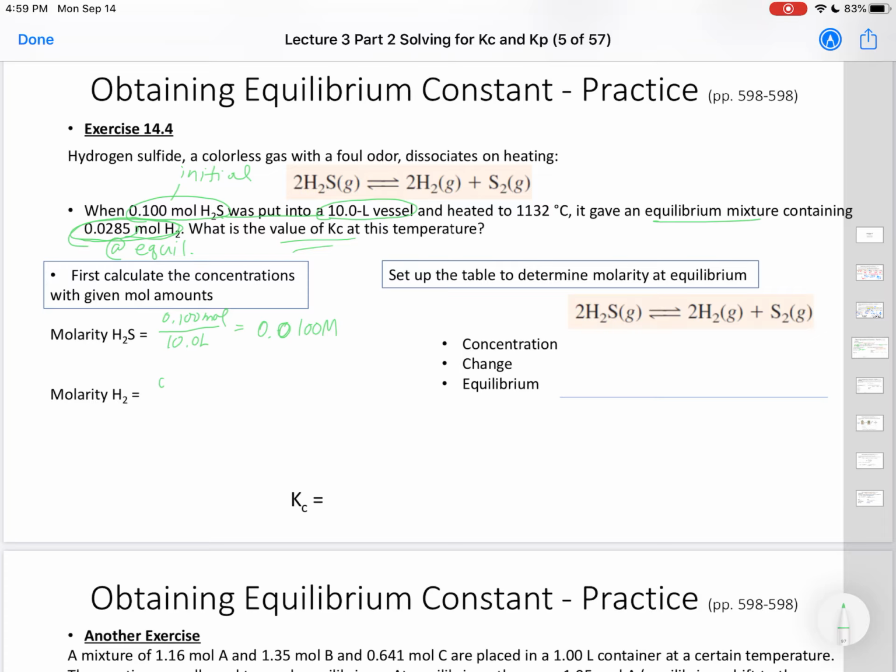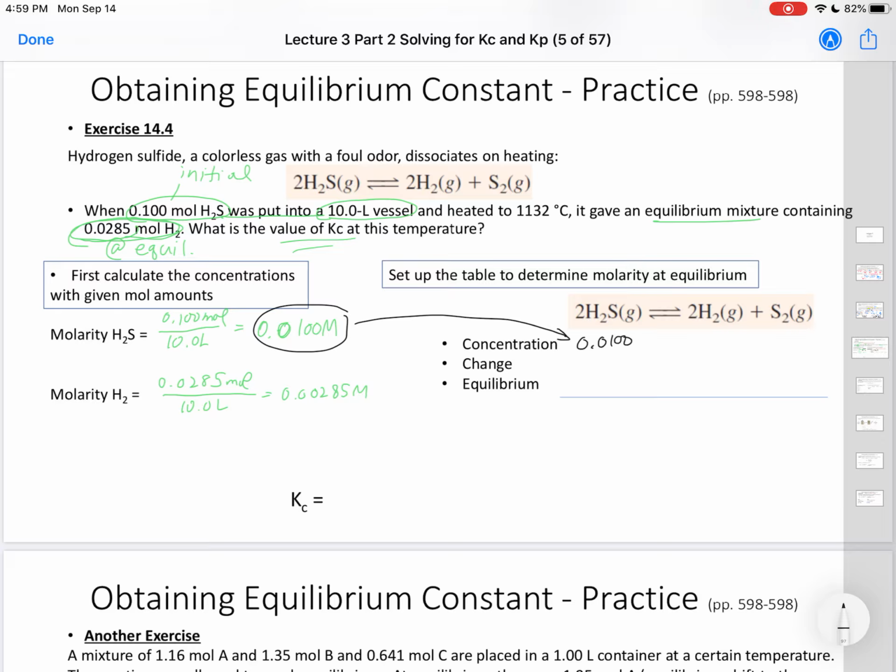And then for your molarity of H2, it's 0.0285 moles over 10 liters. So this becomes 0.00285. And remember, this is initial, so that goes at the beginning.